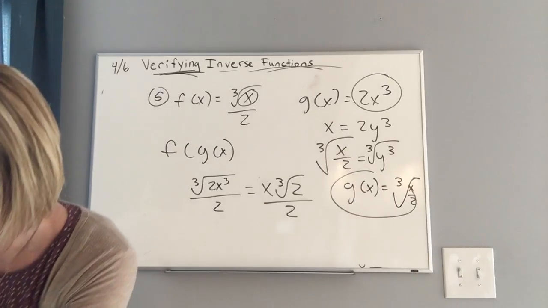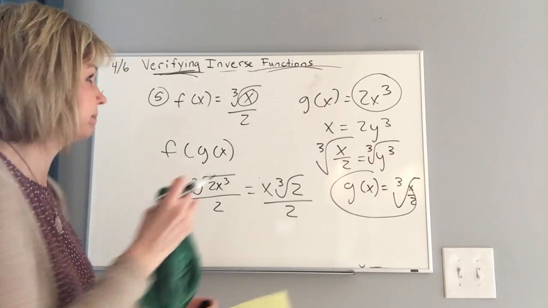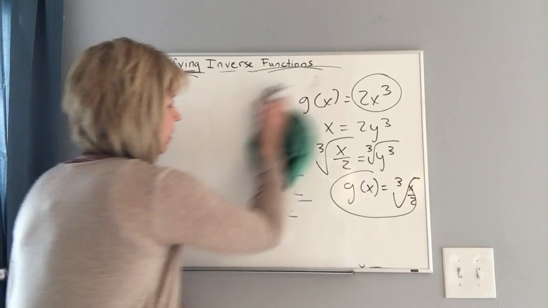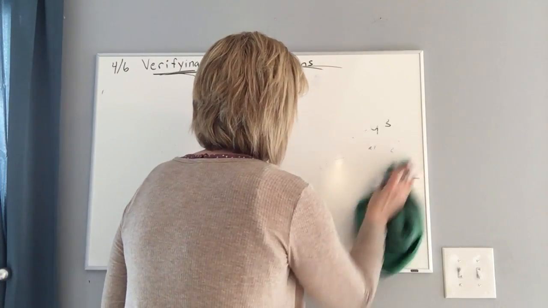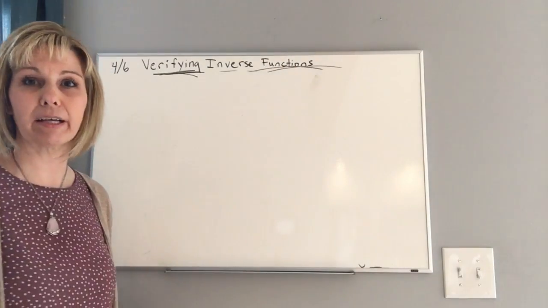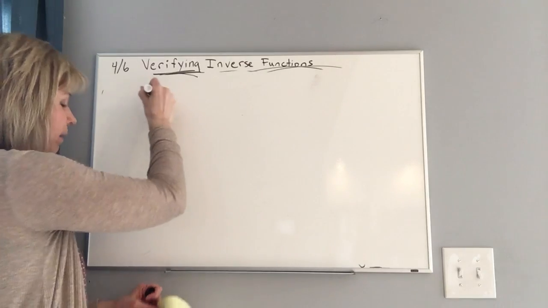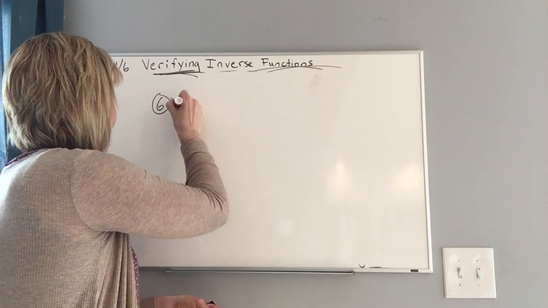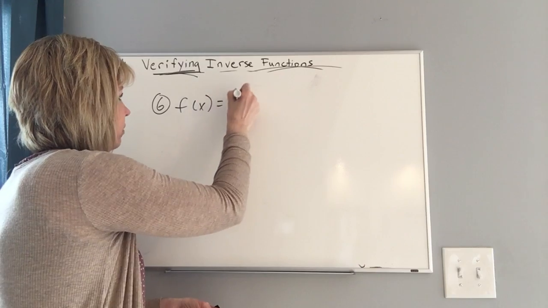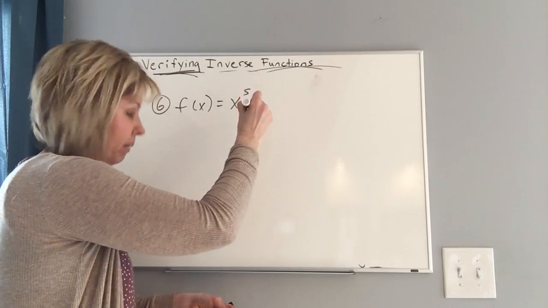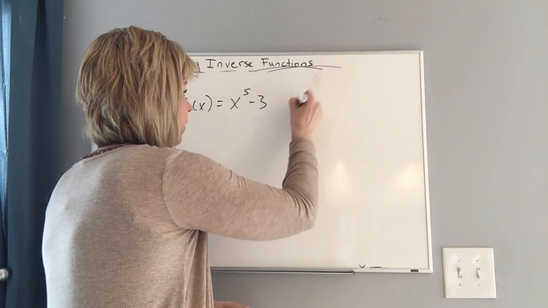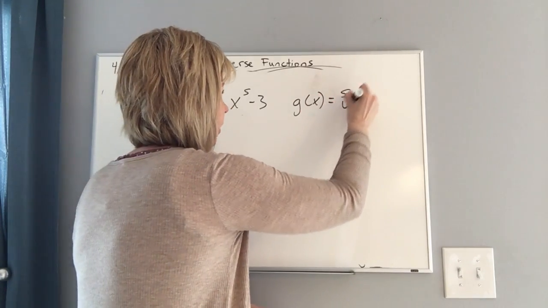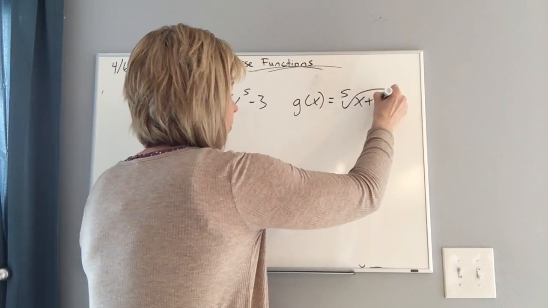All right, so one more that I was going to check in with you on. For one last question, just if you needed some extra help, or to check a couple more examples. Number 6, I wrote f of x equals x to the 5th minus 3. g of x equals the 5th root of x plus 3.